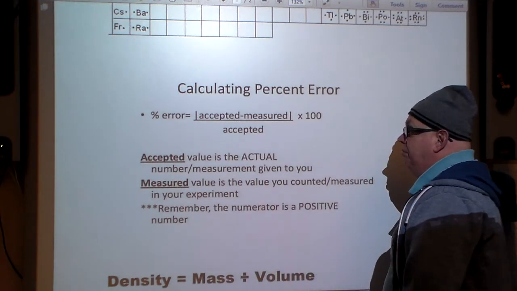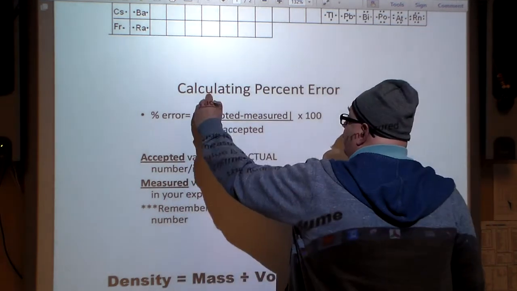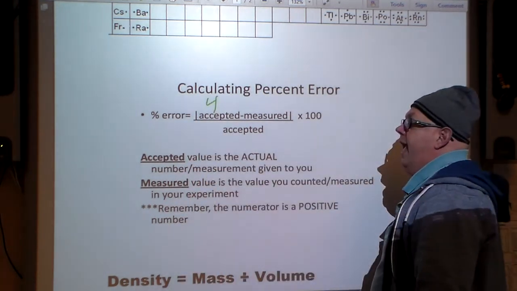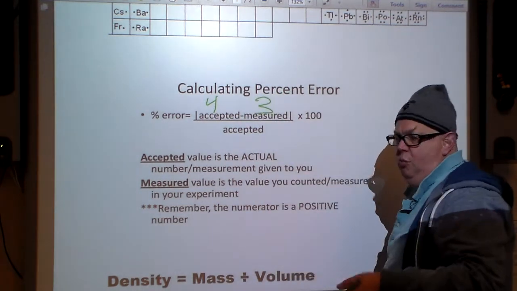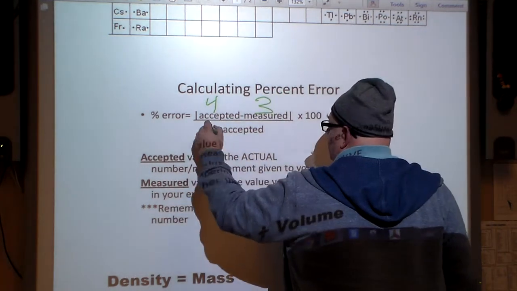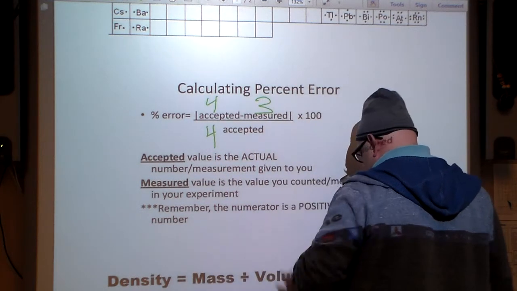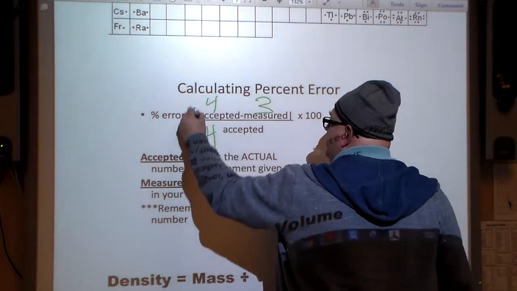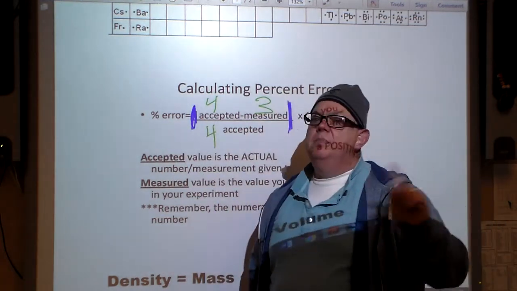So, for example, if the accepted value is 4 and you measured 3, the accepted is 4, it's 4 minus 3. Now, keep in mind, these are absolute value bars, so your number is going to be positive.